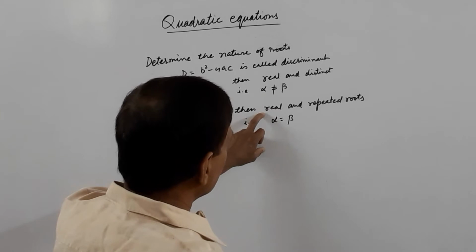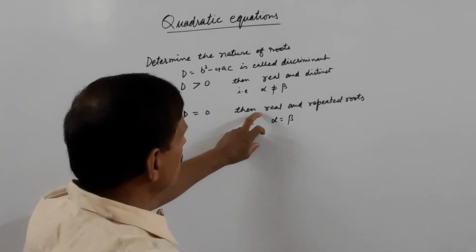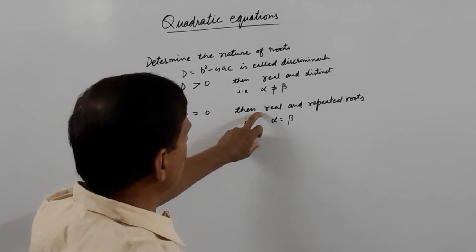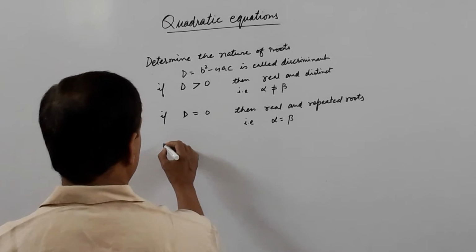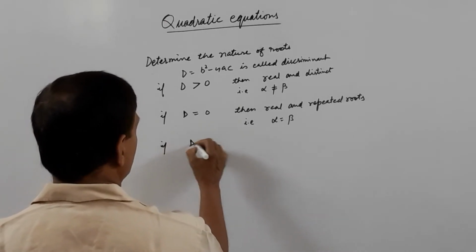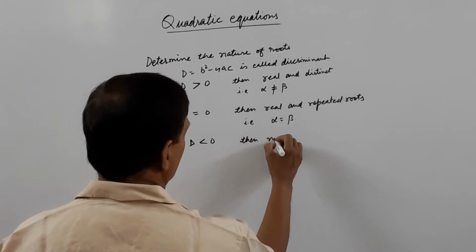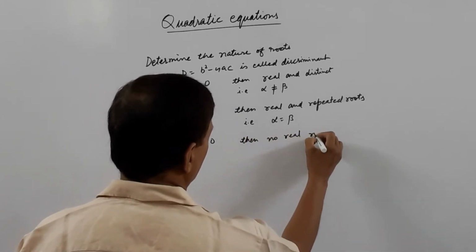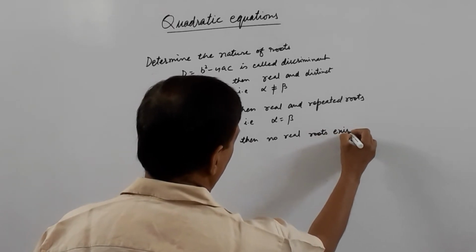This is the case of quadratic polynomials in equation form when these are perfect squares. If D is less than 0, then no real roots exist.